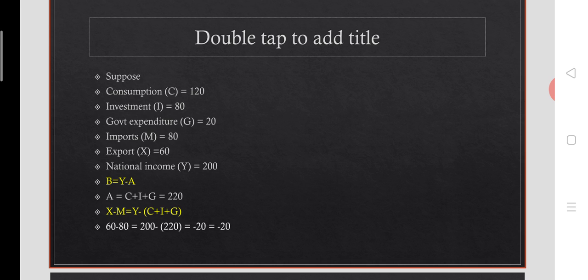So 200 minus 220 is minus 20. So minus 20 is equal to minus 20.